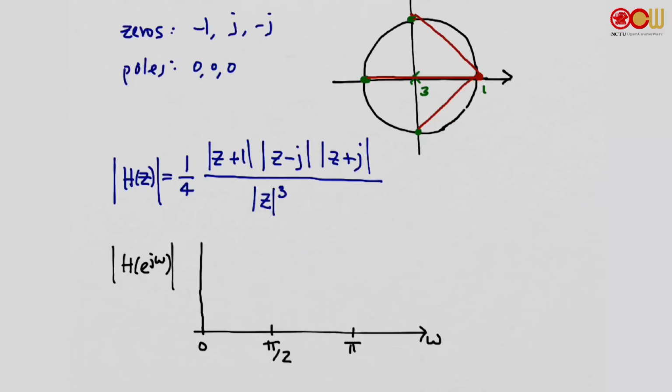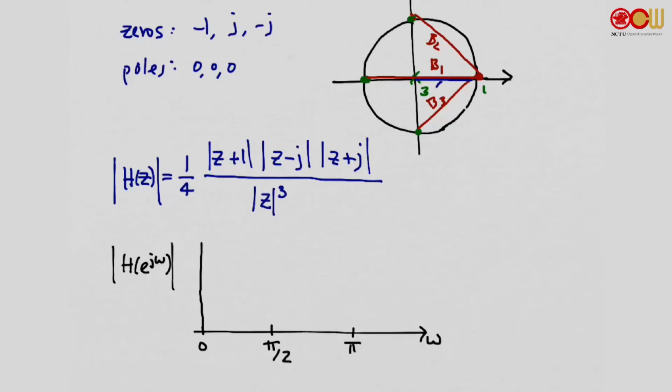The distances to the zeros are B1, B2, and B3. And we also compute the distance to the poles. The poles are all at the origin, so this is the distance to the pole.